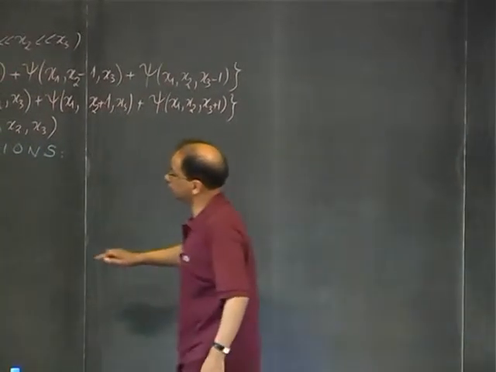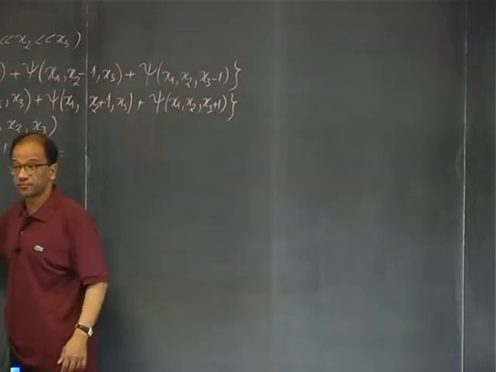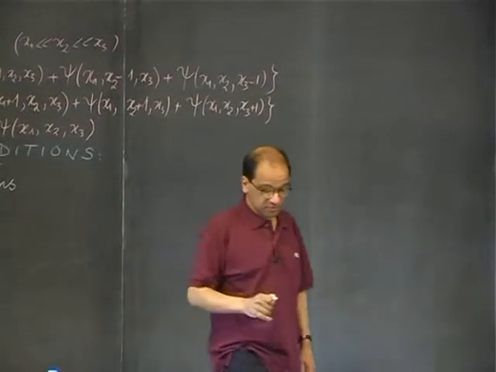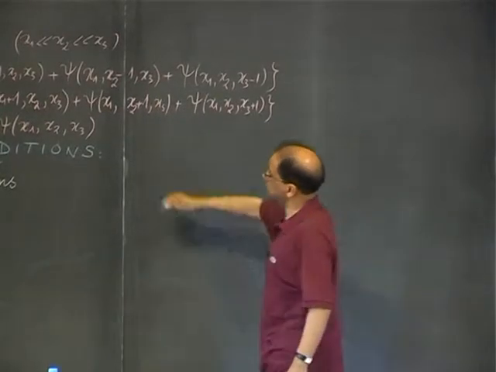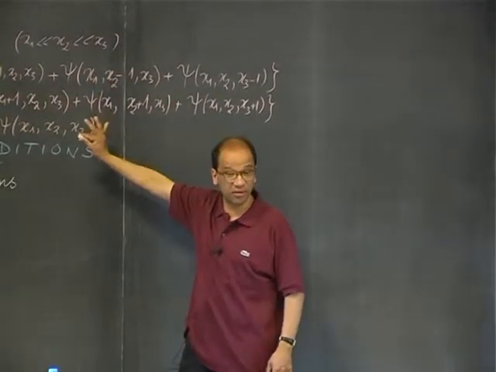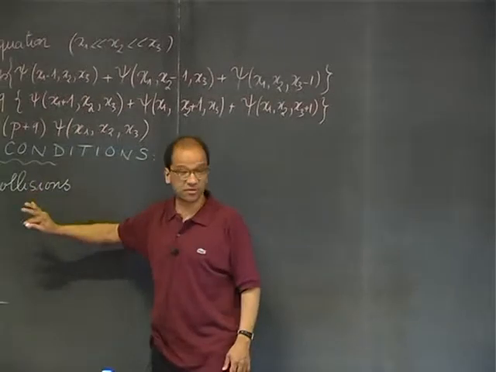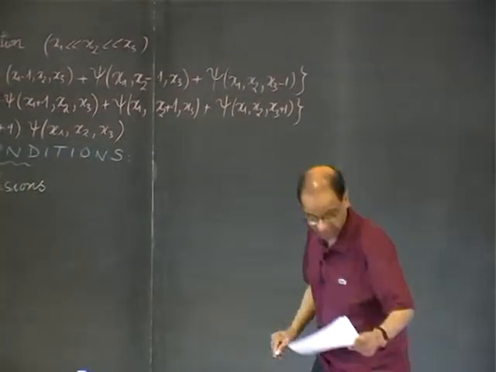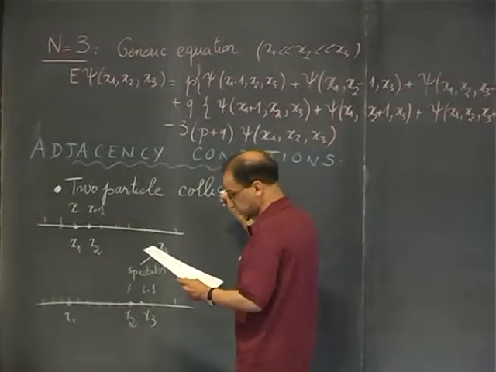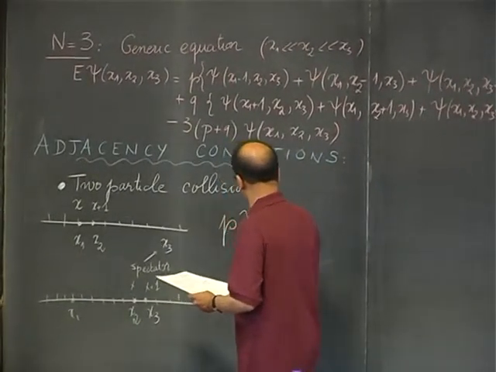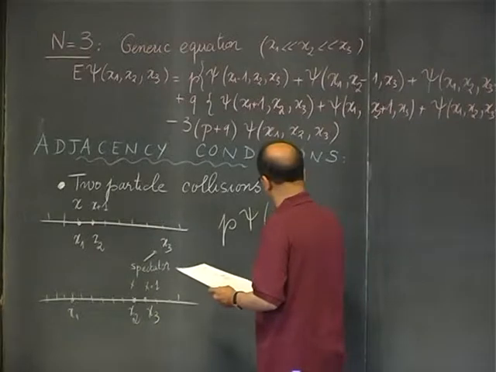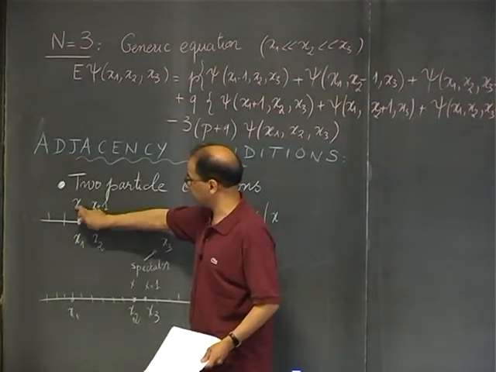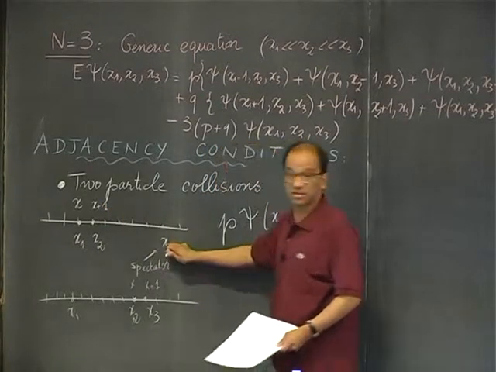So here I would have to write a special equation. Some of these terms vanish. I will not write it because, as I said yesterday, we shall impose the generic equation everywhere. And instead of writing a special equation here, we shall write the cancellation equation. So the cancellation equation here, if I'm not wrong, would look like this. Instead of writing x1 and x2, because they're next to each other, I call x1 x, x2 is x plus 1, and x3 is something.